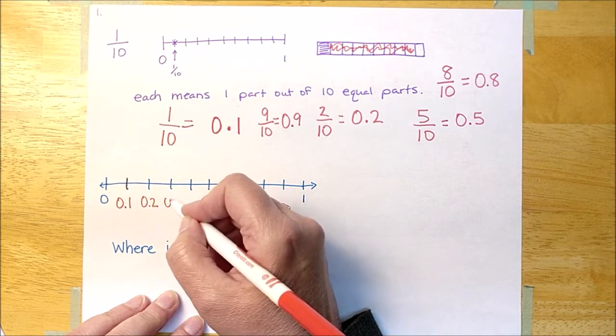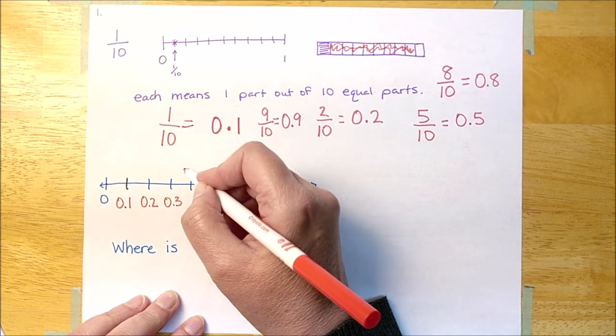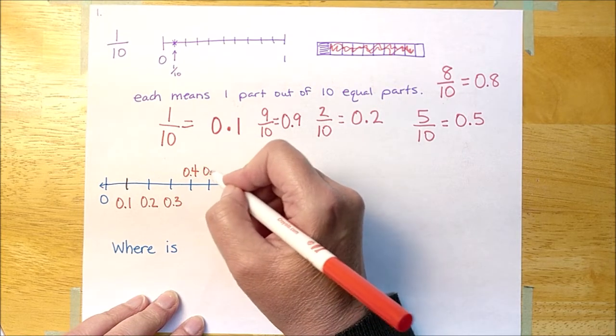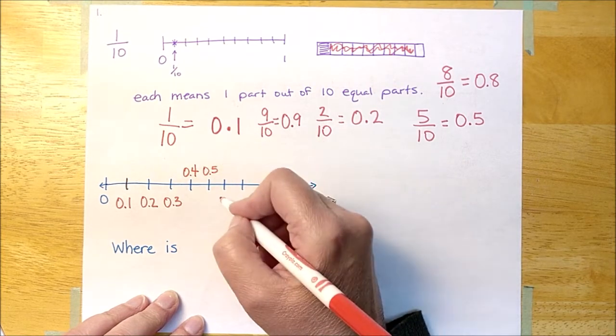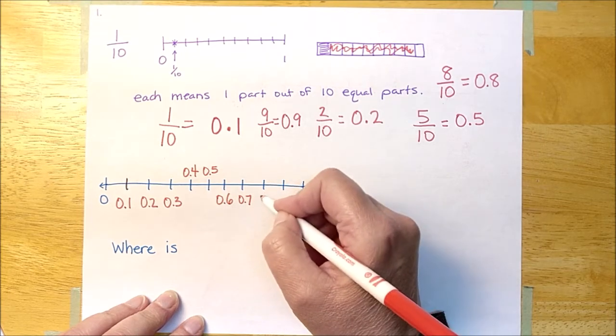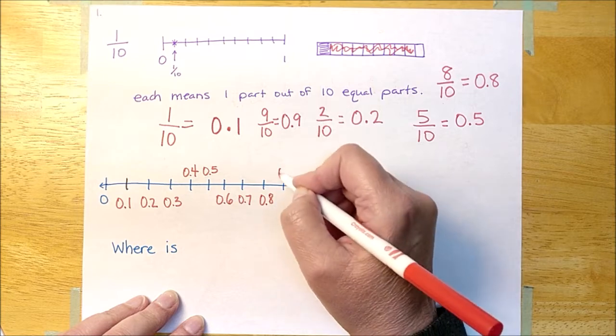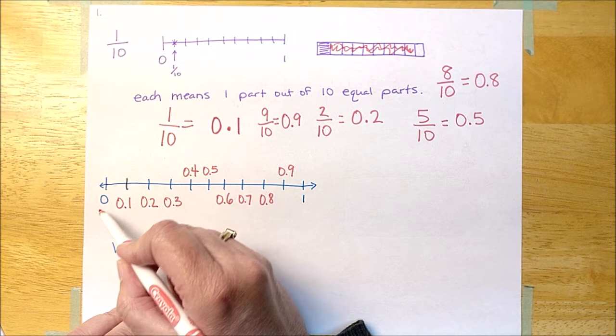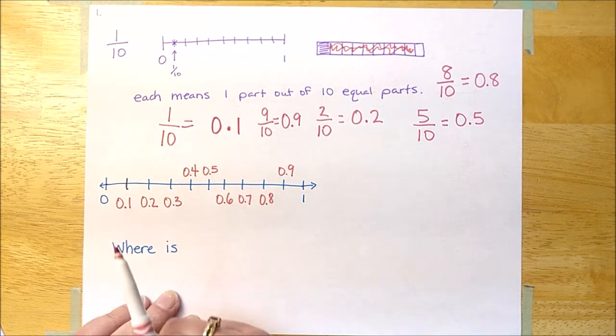This would be 3/10. This one would be 4/10. This one would be 5/10. This one is 6/10, 7/10, 8/10, 9/10.